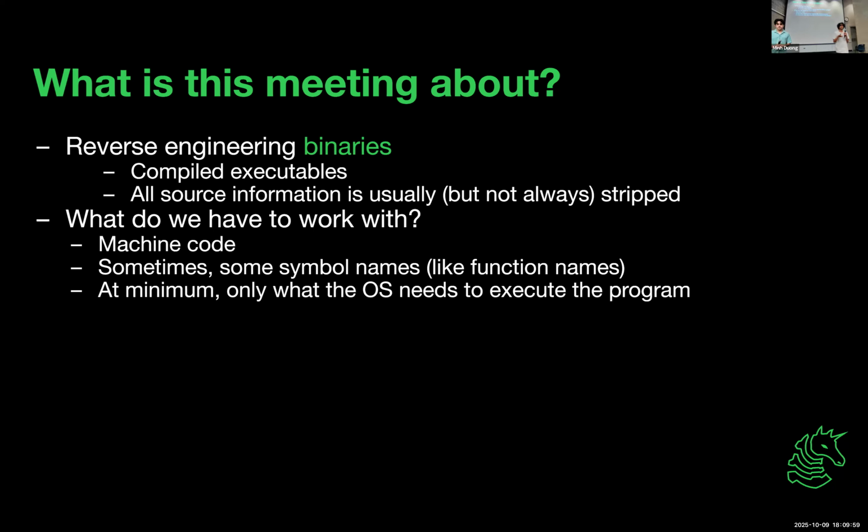And so we can access those labels. But basically, what we can see is what the OS needs to see to execute the program. It's nothing more. You shouldn't expect any more when you're hacking a program, because why would they give you anything more than what the OS needs? Otherwise, that's an easier way for hackers to get into programming.